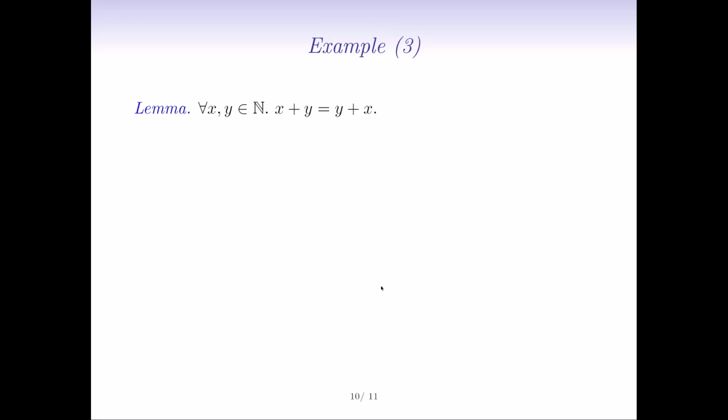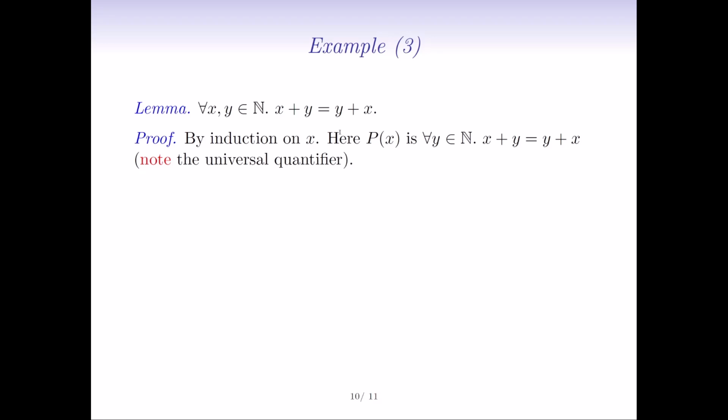Now we have a choice here. We could proceed by induction on x or by induction on y. But since this equation is completely symmetric, in fact, the choice is not going to matter. So let's choose to go by induction on x. And that means that because there are two quantifiers in this lemma, our p of x is actually a universally quantified property over y and still has the free variable x.